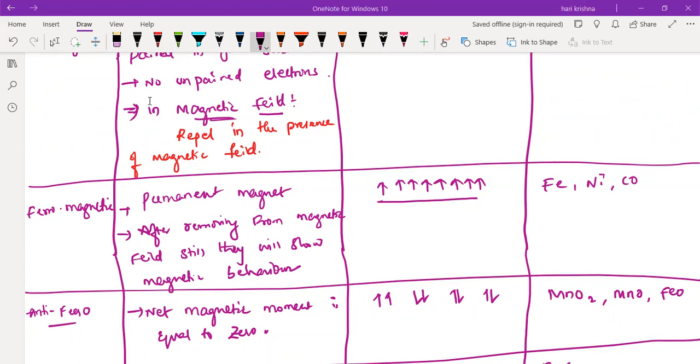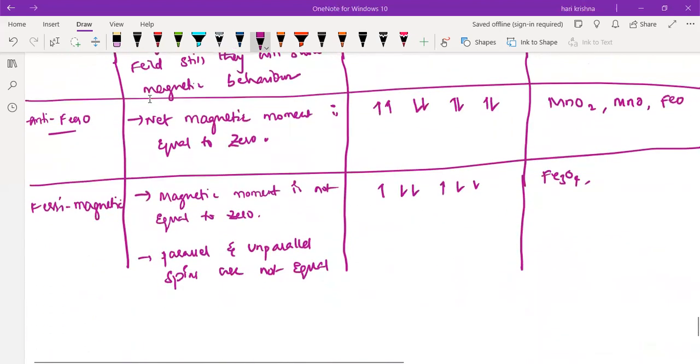And the antiferro: both are the same, ferro and antiferro, but in the case of antiferro, there will be both parallel spin and antiparallel spin. Means positive spin and negative spin will be there, and both are equal only. So this is antiferro, so that the net dipole moment is equal to 0.